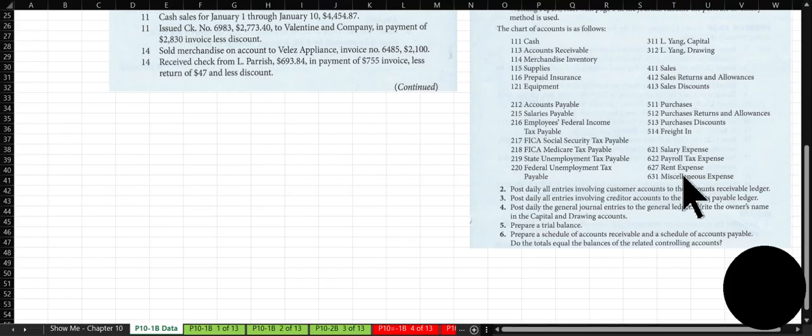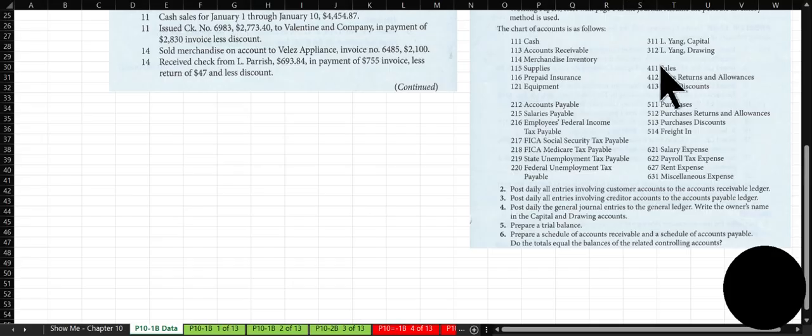The last category here is the operating expenses. These are going to result in expenses as well, but they have a different starting number because they are not directly related to inventory. Each operating expense begins with a 6 for this particular company.